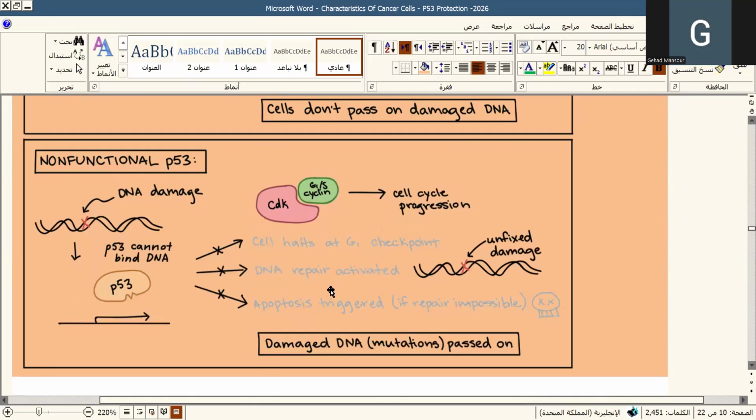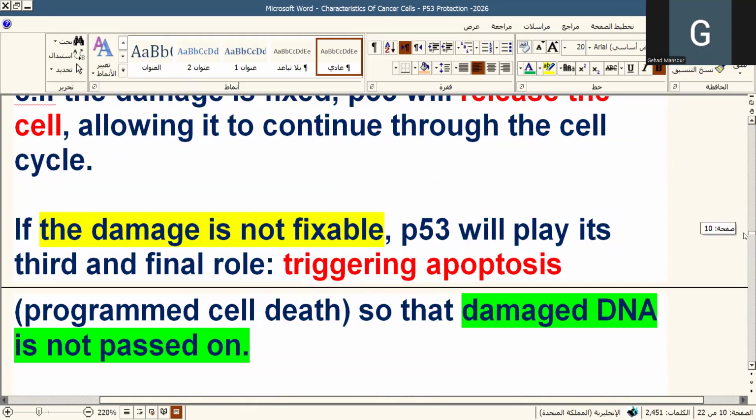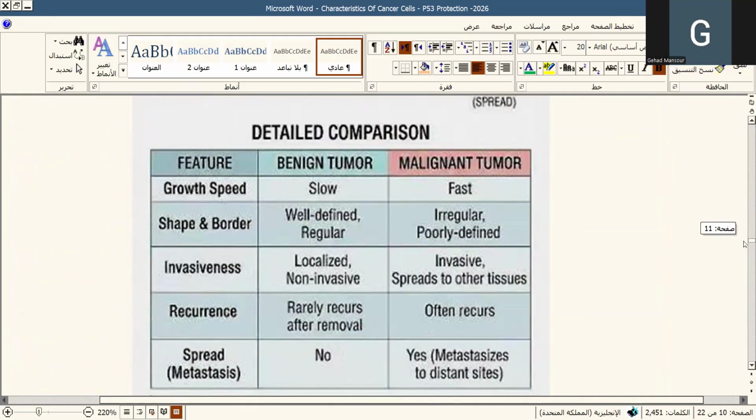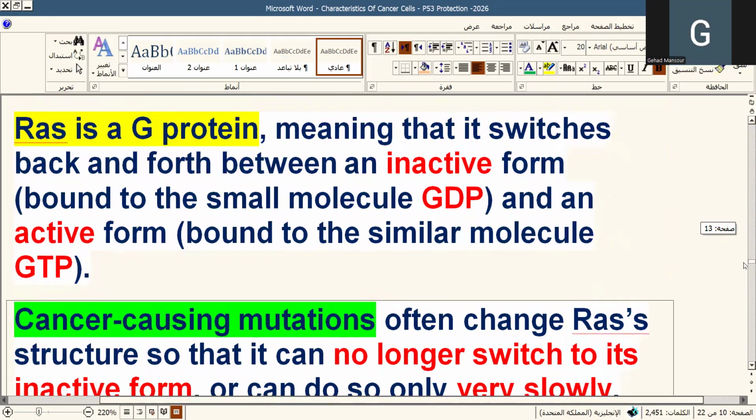And therefore, all these functions that were supposed to be done by P53, like stopping the cell at the G1 checkpoint to have time to repair the DNA or sending the cell to apoptosis, will not be done, and the cell with unfixed DNA damage will escape the checkpoint because P53 is mutated and ineffective, and therefore the cancer cells will pursue their journey and continue their cell division.